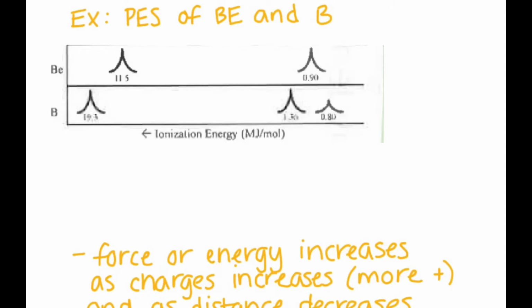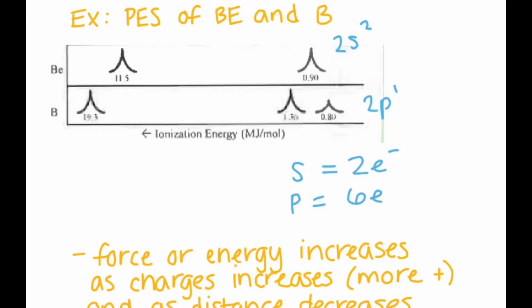But what's important to note is that when looking at this graph, we see that the ionization energy for that single electron in boron's 2p1 orbital is less than the ionization energy for the electrons in beryllium's 2s2 orbital. And this is because s subshells hold 2 electrons, and p subshells can hold up to 6.